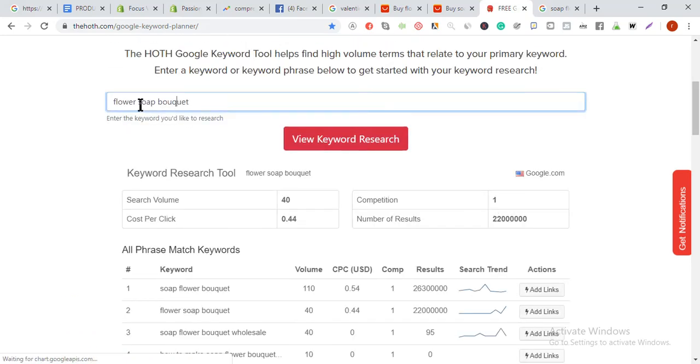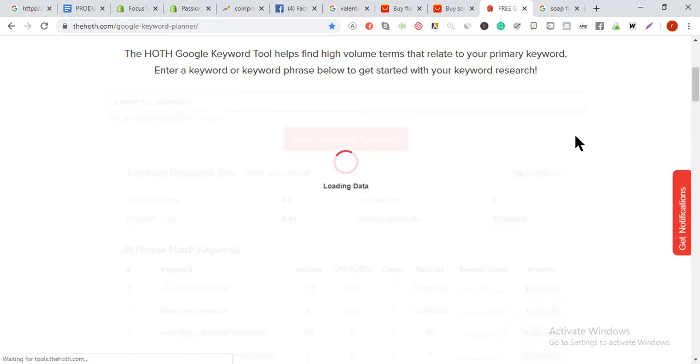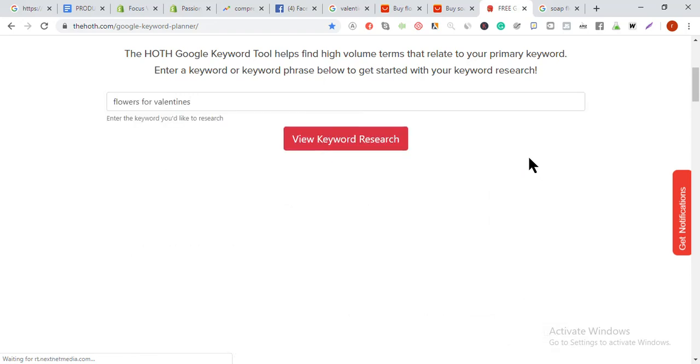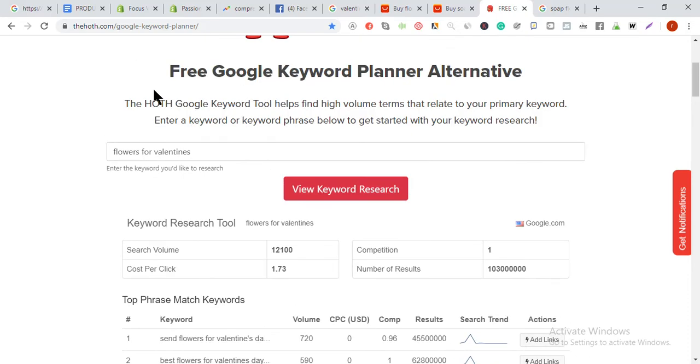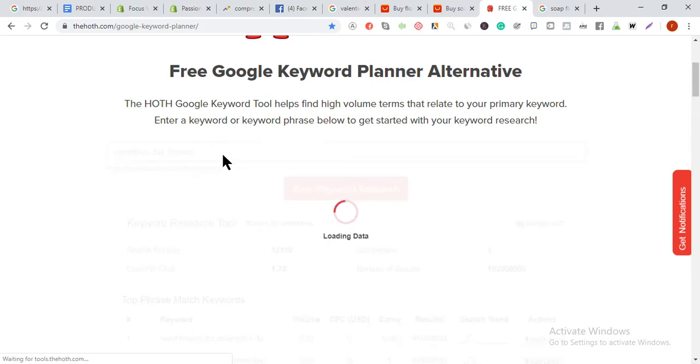Maybe we can put flowers for Valentine's. Let's make it broad. Valentine's Day flowers. Or Valentine's Day gift, right? And then we go from there.